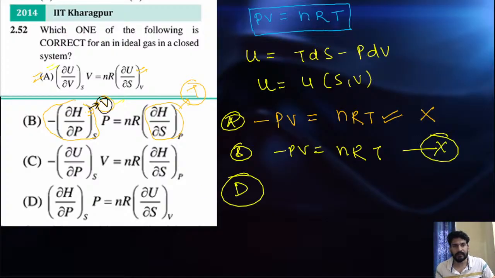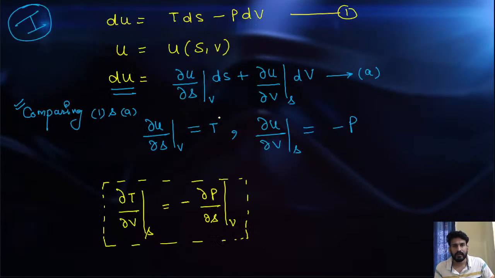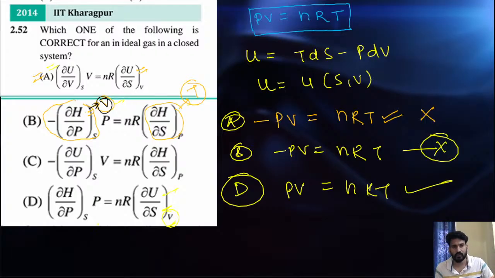If you check D, ∂H/∂P keeping entropy constant is my V, so it is PV = nR, and ∂U/∂S keeping V constant is T. Yes or no? ∂U/∂S keeping V constant is T. So this is actually the right equation. D is my right option.